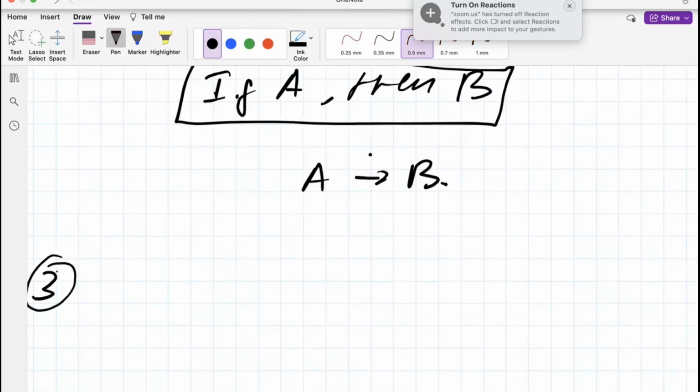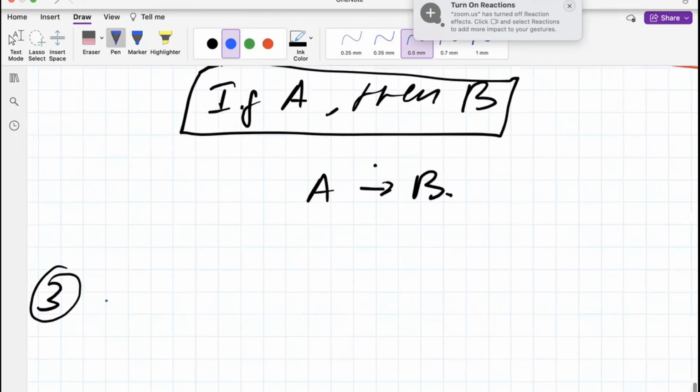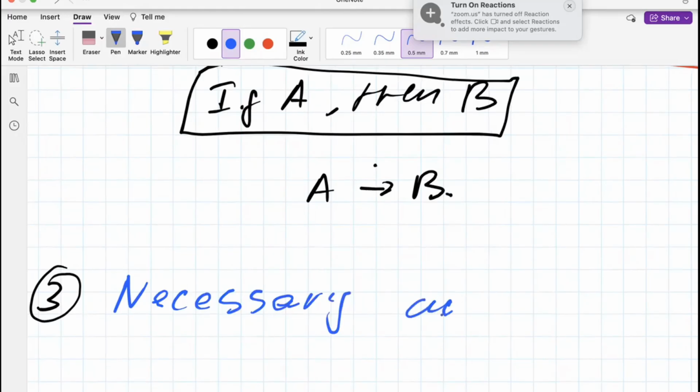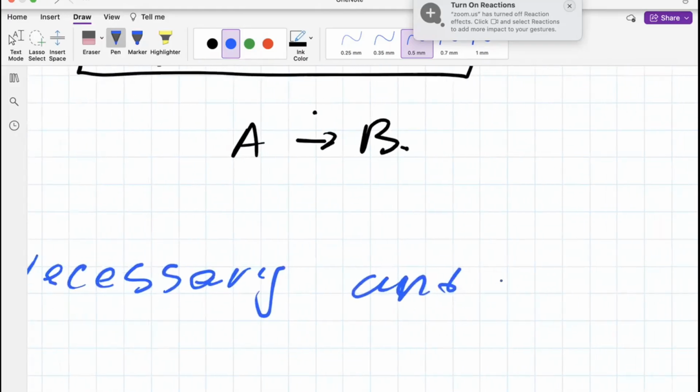Then you have the third level, which is, I would say, kind of the hardest level of the logic section, which is called necessary and sufficient conditions.